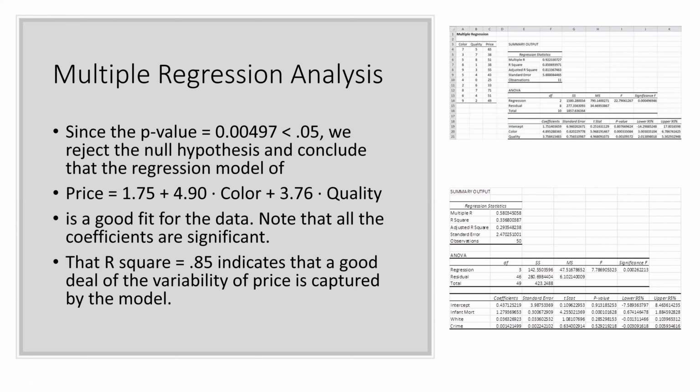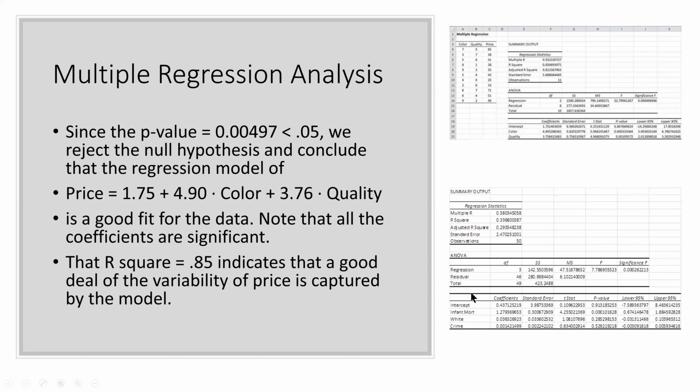Then you continue to check when you only have 2 in the model: drop white out and see what will happen to the adjusted R squared. And then keep white and drop infant mortality, and see what will happen to adjusted R squared. Then you will see, okay, maybe dropping more variables out of the model will not increase the adjusted R squared anymore, and you will keep the 2 independent variables in the model and say that's the best fit model.